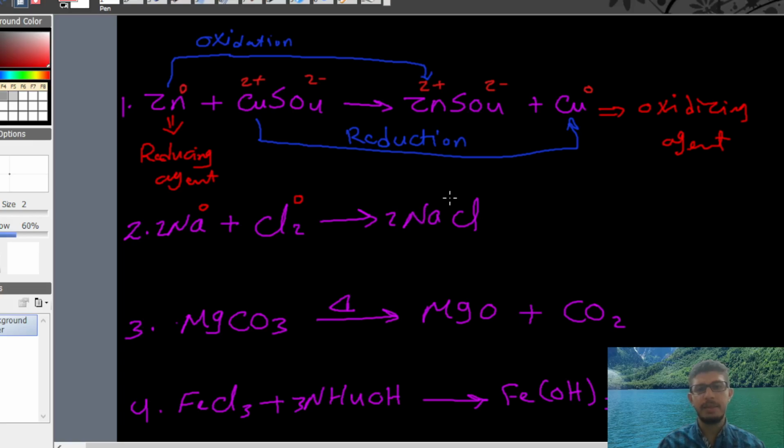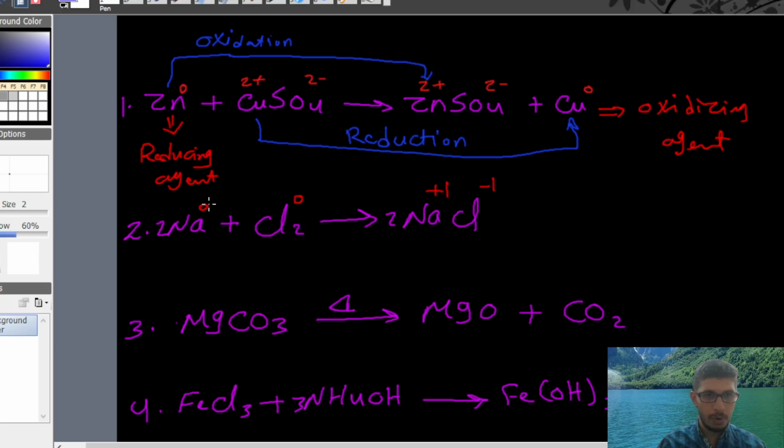However, let's look at the sodium chloride, right? So sodium here should have positive 1 charge, and the chlorine is turned into an anion, the chloride ion, and it has the oxidation state of -1. So let's look at what happens.